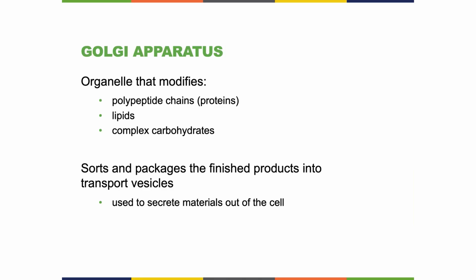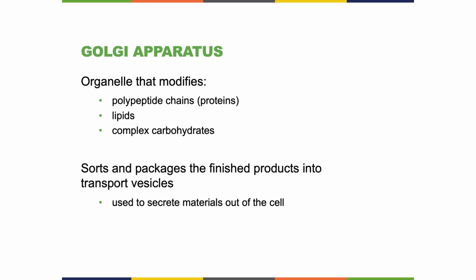The Golgi apparatus is going to be, again, more specialized membrane. There are a bunch of flattened discs that are side by side. There's a side that's closest to the endoplasmic reticulum called the cis side. The farthest side away is called the trans side.